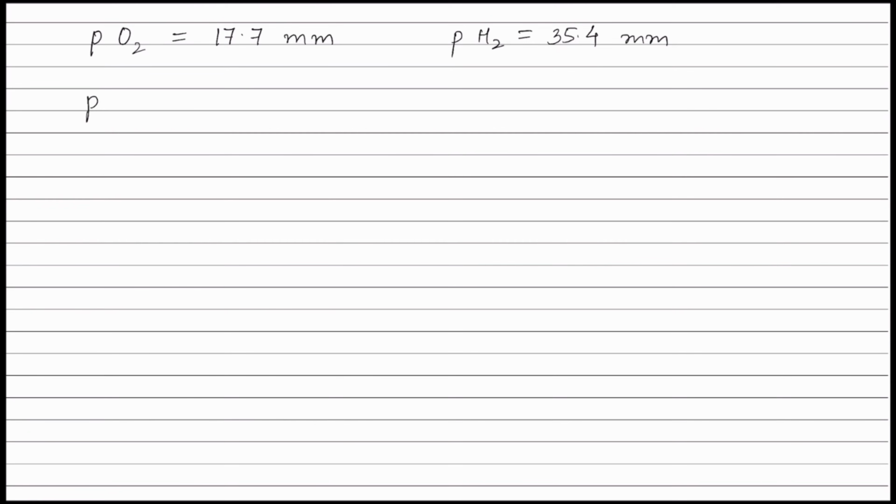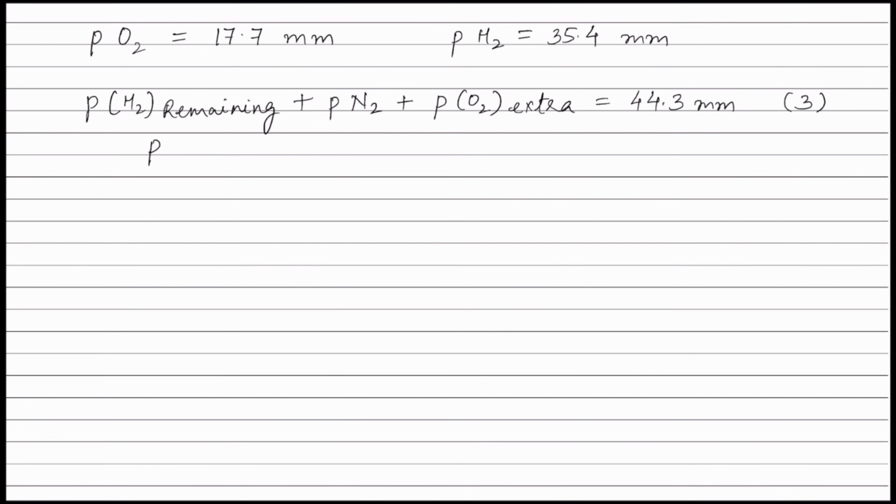Now partial pressure of remaining hydrogen plus partial pressure of nitrogen plus partial pressure of extra oxygen is equal to 44.3 mm. Let this be equation 3.